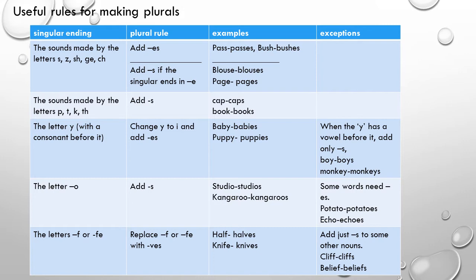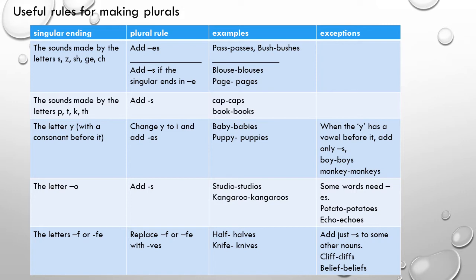We have not removed Y, or we have not changed Y into IES as we did in the previous examples of baby and puppy. So please note down seriously what is the major difference. If the last letter Y has a vowel before it, then we will not write IES, we will simply add S. Obviously we will not add IES.